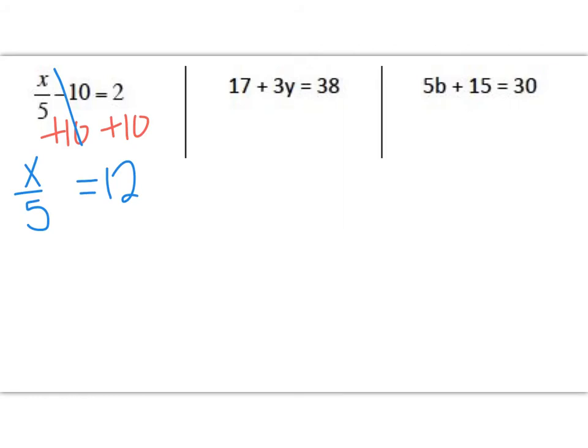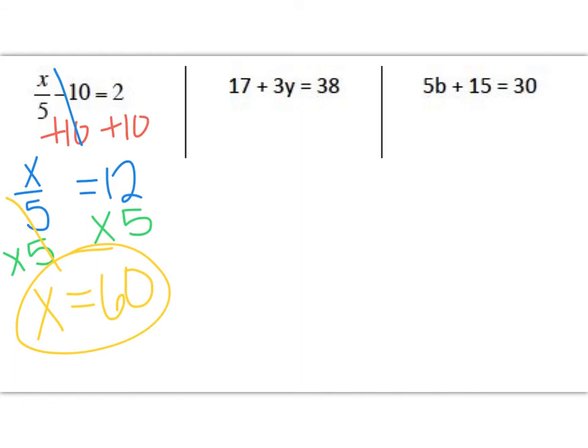Now, in the next step, I notice that x is being divided by 5. So the only way to solve that is to multiply by 5, which means I would also multiply this side by 5. So 5 being divided and 5 being multiplied cancel each other out. Bring down the x. Bring down my equal sign. 12 times 5 equals 60.